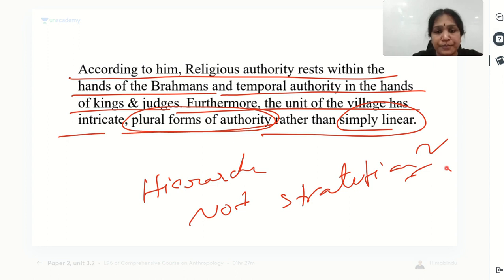Clear for all of you? Any doubt left? So, okay, successfully we completed that question plus the Jajmani system also, plus some approaches, indological approaches to study the caste system. Indological approach we completed and attributional approach we completed.